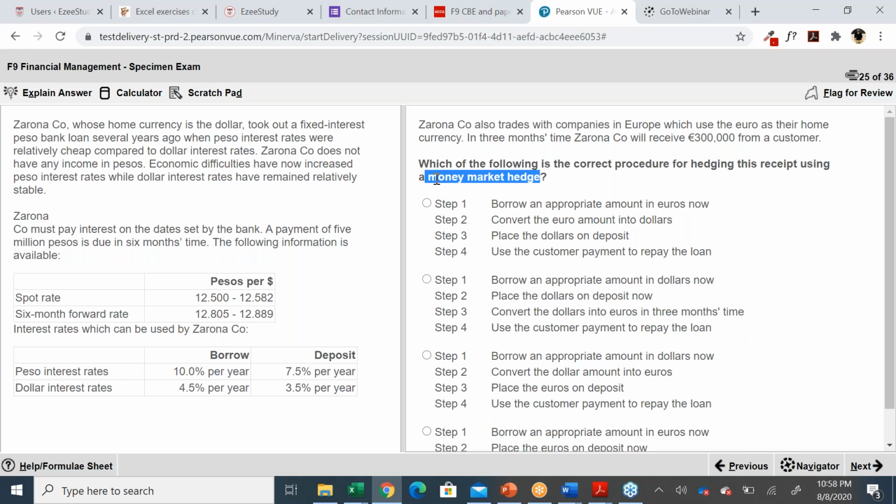Is it a receipt? Yes, sorry. Yes, hedging the receipt.